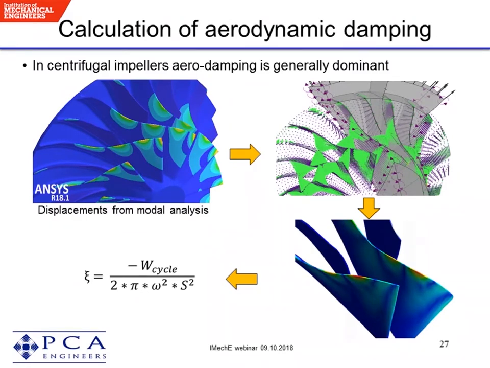For calculation of the aerodynamic damping, the displacements from modal analysis calculated using ANSYS Mechanical are imported into CFX. The cyclic work is calculated using a flutter type analysis in CFX and is used to calculate the aerodynamic damping ratio, which is needed for mechanical calculation.